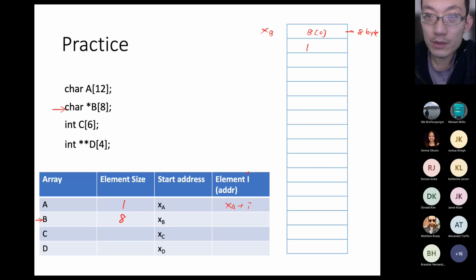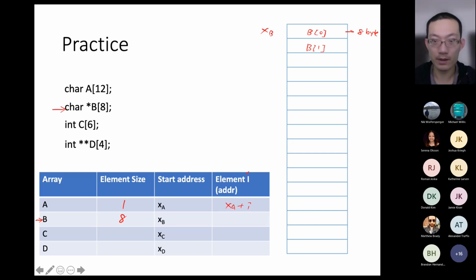If we look at B1, what will be the address for B1? Could you tell me? What is the address for B1? XB plus 8. XB plus A. Are there any other answers?